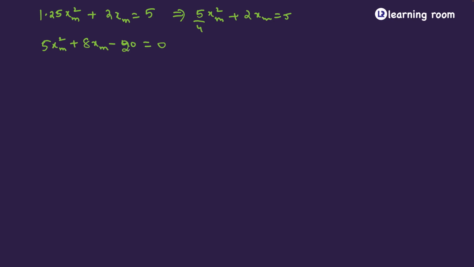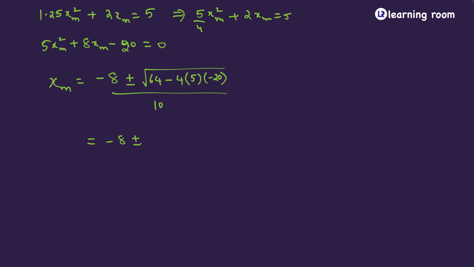So you need to apply the formula. xm is equal to minus b plus or minus root of b square, that is 64, minus 4 into a into c, the whole divided by 2a. Am I right?